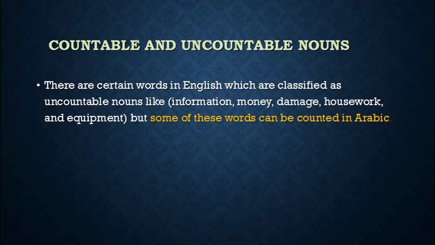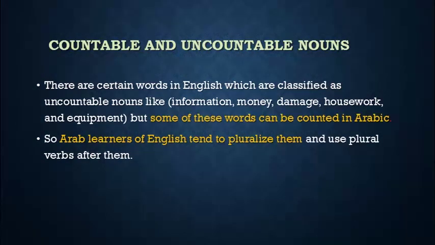But they can be counted in Arabic. This is a difference, an opposition here. Though these nouns are uncountable in English, these same words are countable in Arabic, in our language. So we say معلومة and معلومات. So information for Arab learners is countable; in their language معلومة is countable.